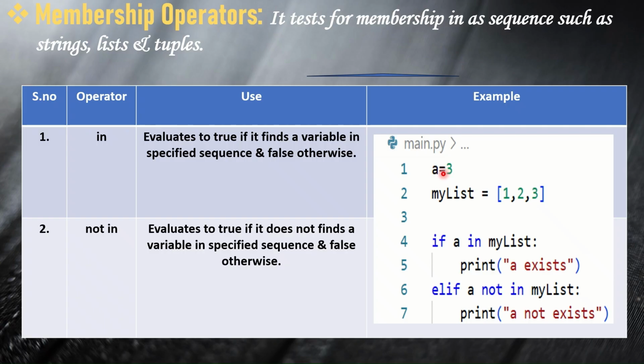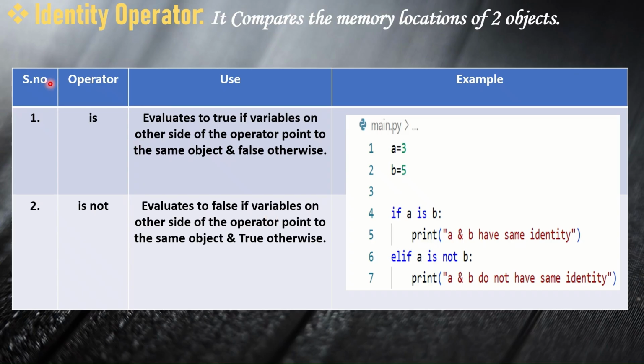Since a equal to 3 is present, this message is not printed. So these are the uses of the in and not in operators. Membership operators are mainly useful to check for a value in a list of values or elements.